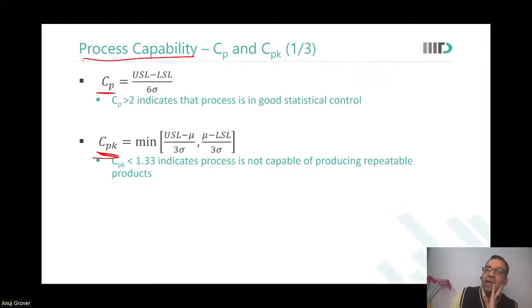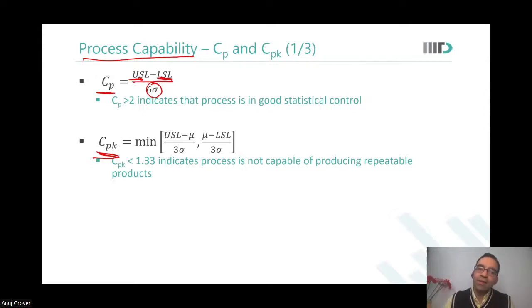Both convey different kinds of information about the process. CP indicates that the statistical control in the process is good. It is the upper specification limit minus the lower specification limit upon 6 sigma of the process. We will look at what this means.